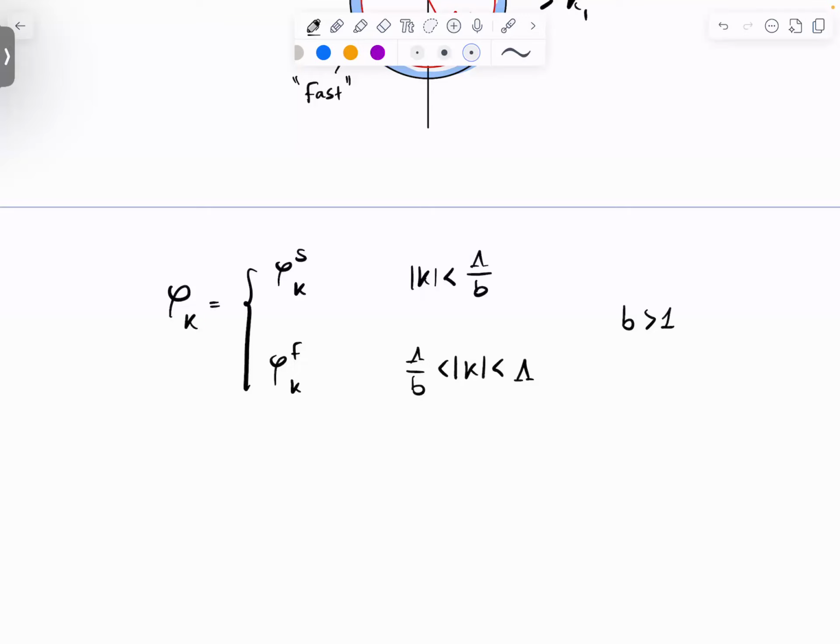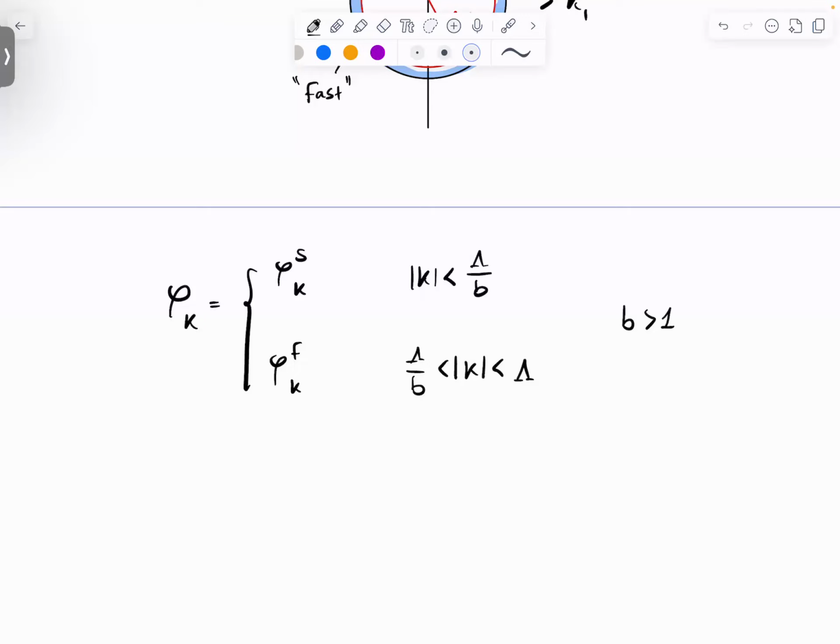These are contributions to spatial fluctuations that are very rapidly changing. And if I integrate them out, I get an effective theory that is describing only collective motion of many degrees of freedom. Okay.